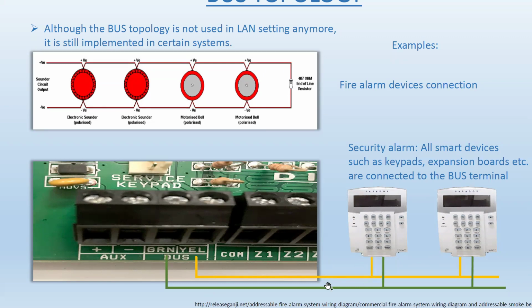They don't have individual connections to individual points, but here is the line that goes all the way as far as it needs to go, and the devices tap their signal into that line in parallel. That's not power, that's the actual intelligence signal going through that line, which means it's a bus type of configuration.